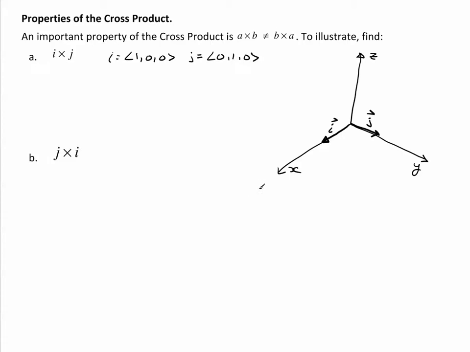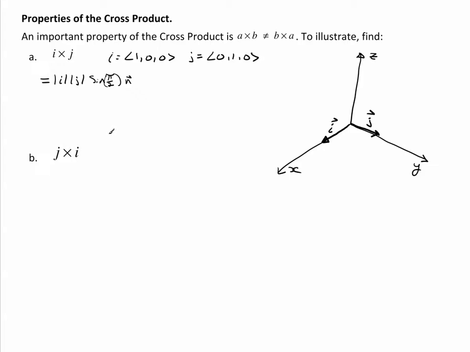Okay, so let's take a look at the cross product of I cross j. Now the angle between these is obviously pi over 2. So let's just write this out. I cross j is equal to the magnitude of I times the magnitude of j times sine of, in this case, pi over 2, times the vector n, which is orthogonal to both I and j, based on the right-hand rule.